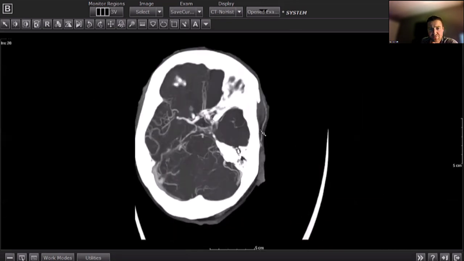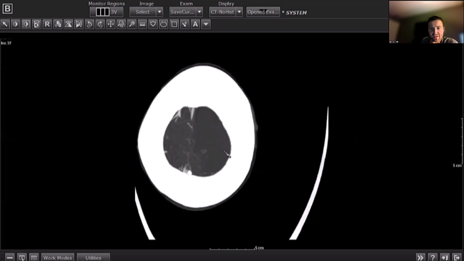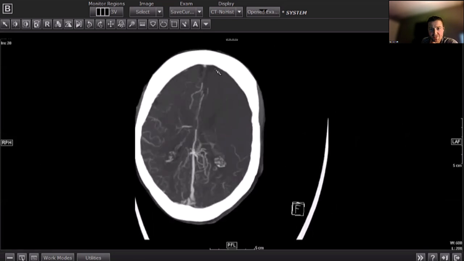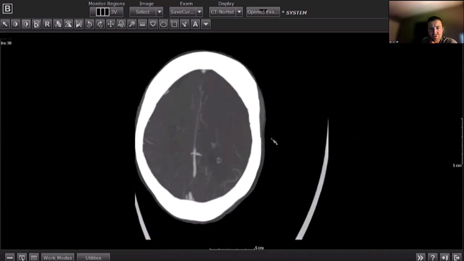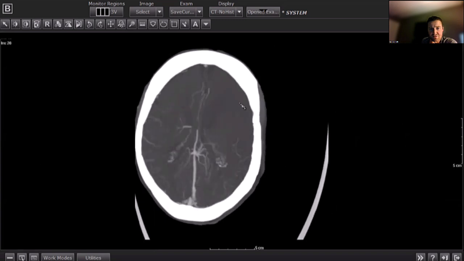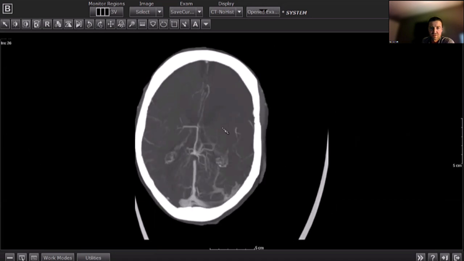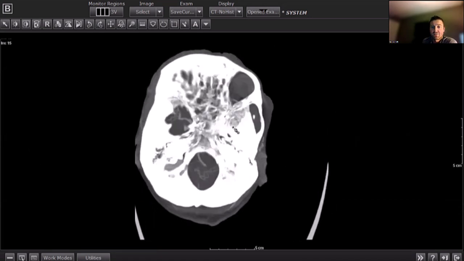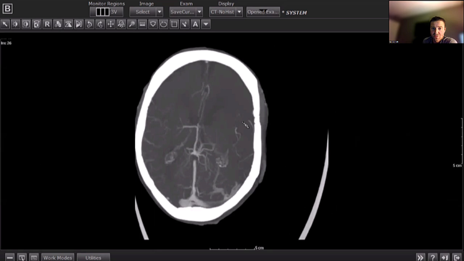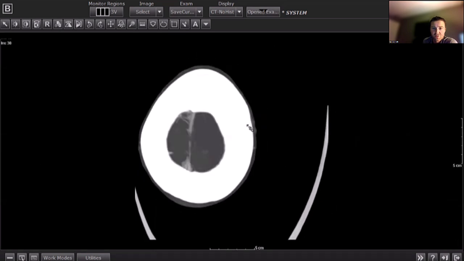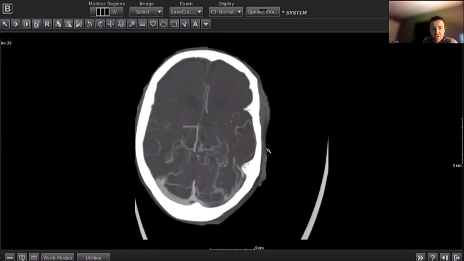On our first delay, we again have a very striking paucity of enhancing vessels in the MCA and ACA. And even on our second delayed phase, there are essentially no vessels there. So this would be a poor collateral score. This is a 0 to 1. Obviously, this patient has a massive infarct as well, so this is not a good candidate for endovascular thrombectomy in the acute window.